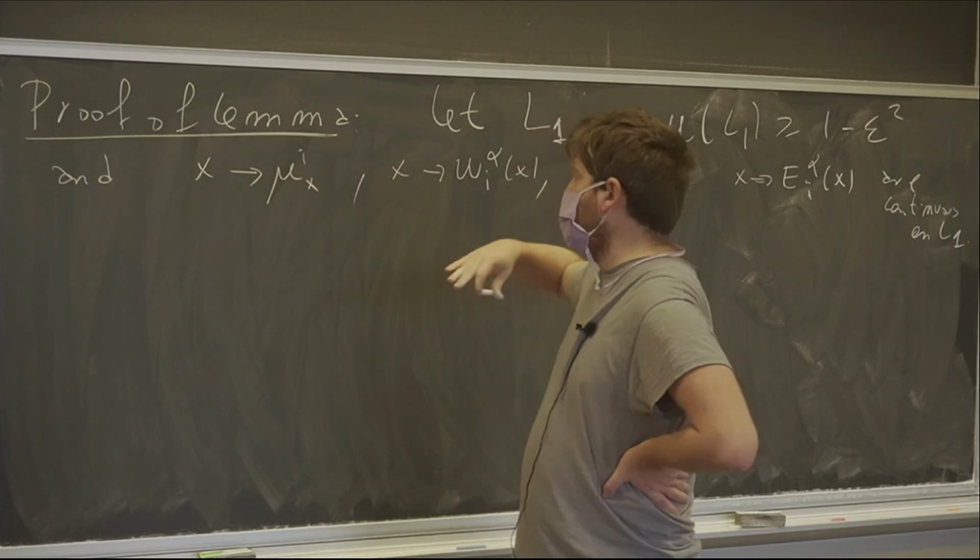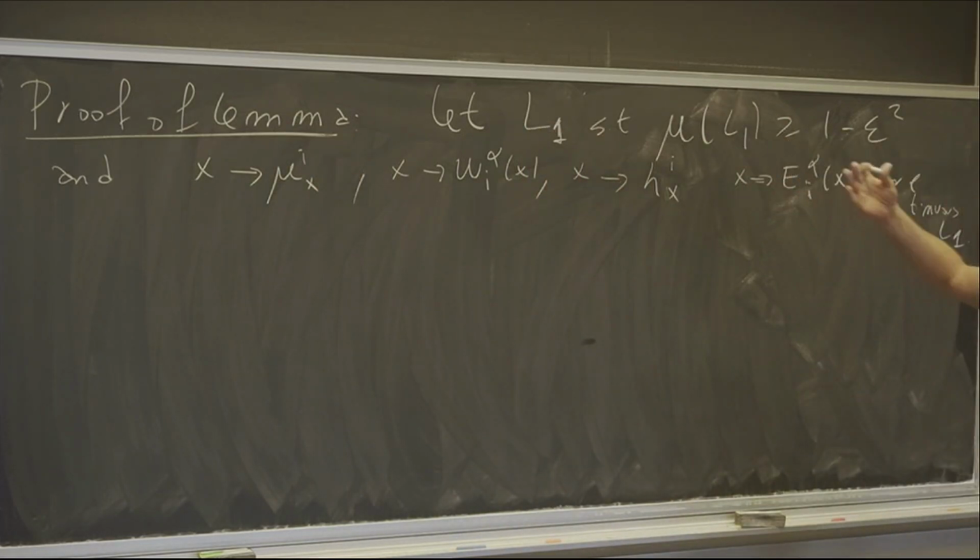Then L will be L1 intersected with some other set, which will also have measure larger than 1 minus epsilon square, and then the intersection will have measure at least 1 minus epsilon, assuming epsilon is really small here. Maybe I need to intersect with one more set.